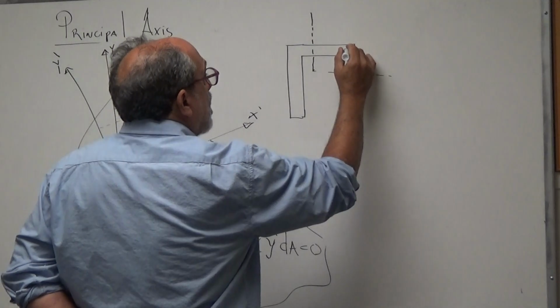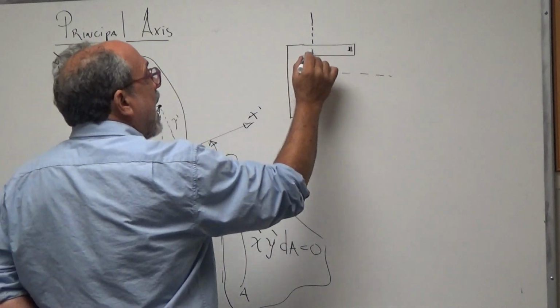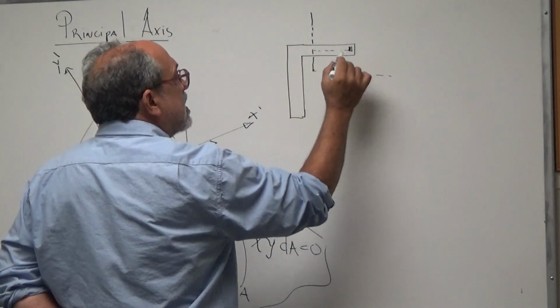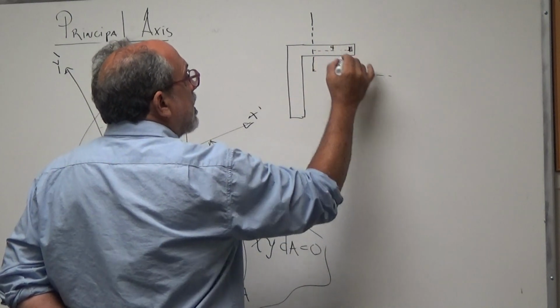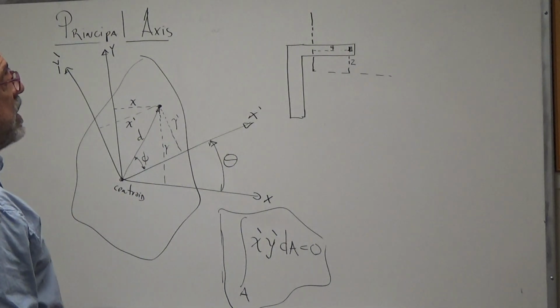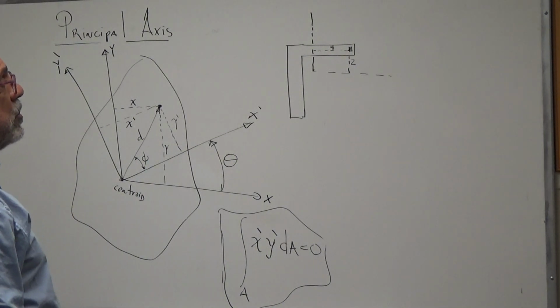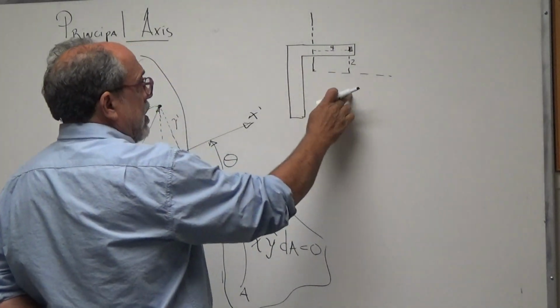Well, if you take a look at this point here, this little square, which happens to be at some value of x and some value of y, for example, 4 and 2, to cancel it, you would need something at 4 and minus 2, right, for example, and at 4 and minus 2 there's nobody, right?